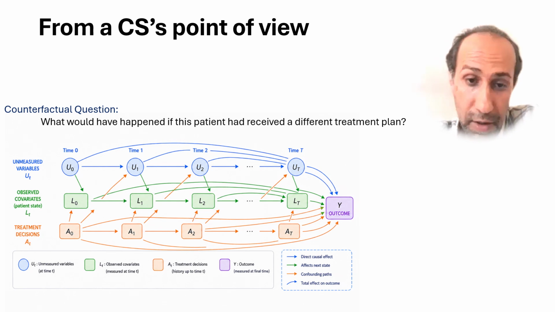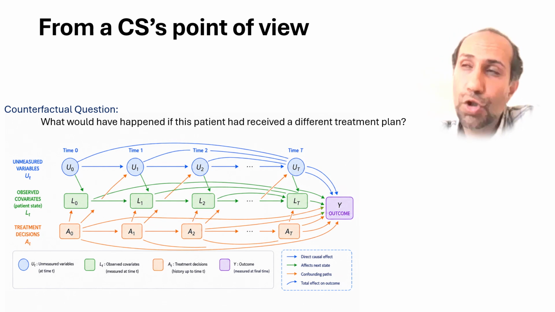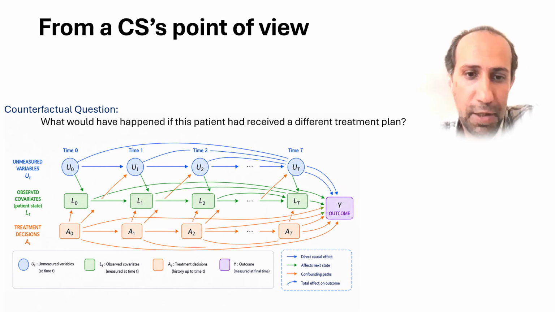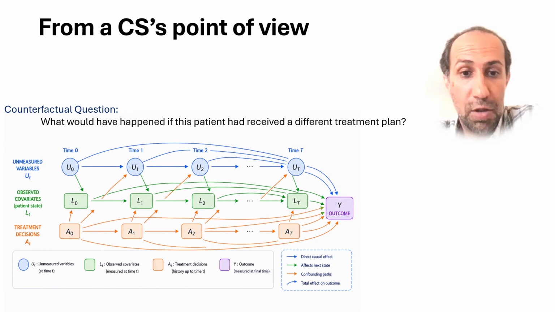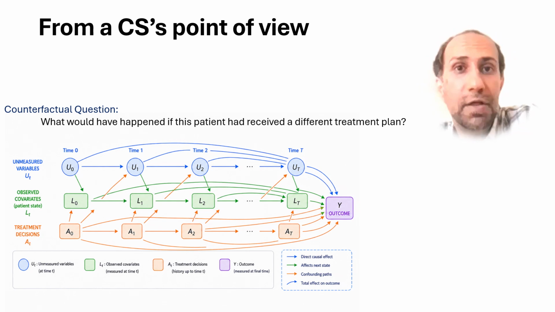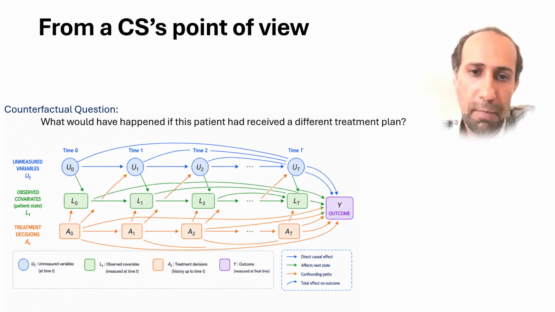Each of these arrows shows a causal link between the nodes. We need to consider all these causal pathways.